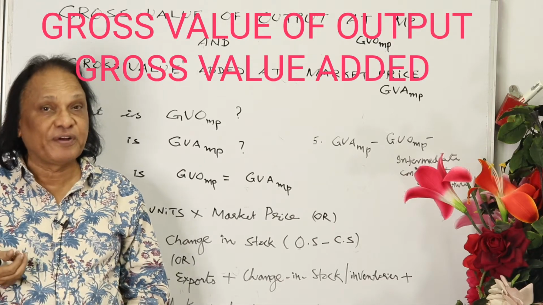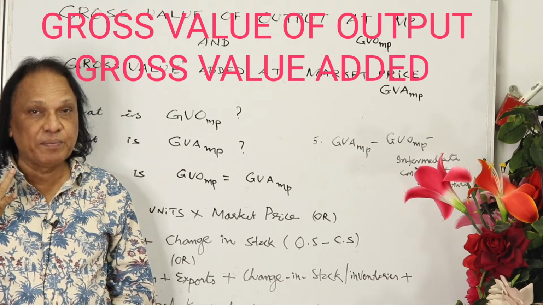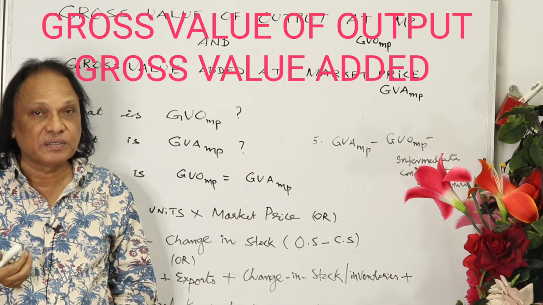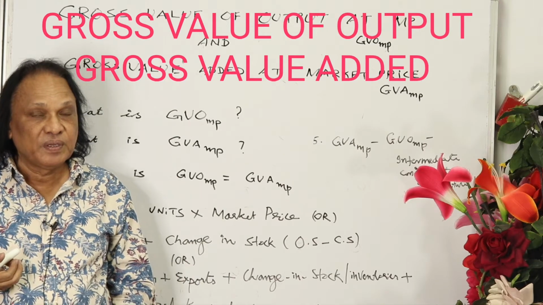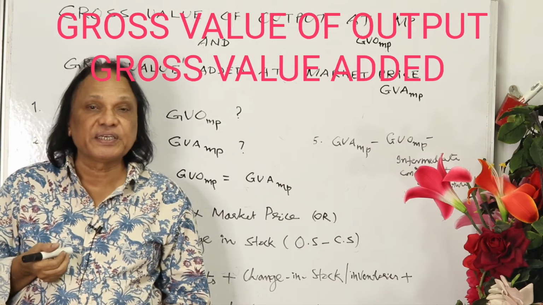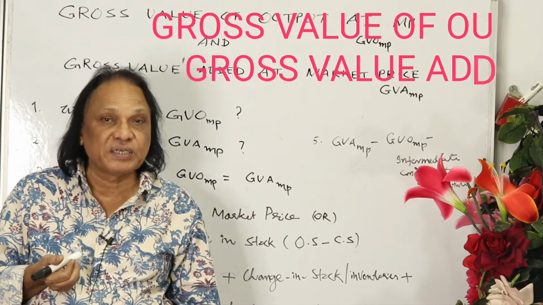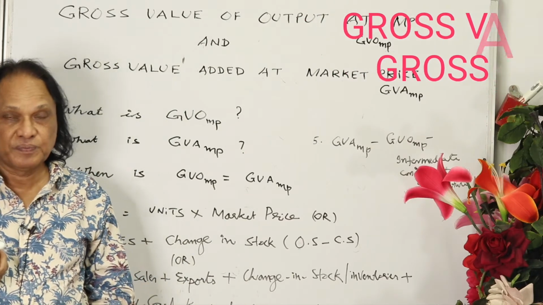We call them 4 factors of production or factor inputs, which are land, labor, capital, and entrepreneurship, or you can call it enterprise. Apart from this, the producer needs secondary inputs such as raw materials. With the help of it, the producer produces goods and services.